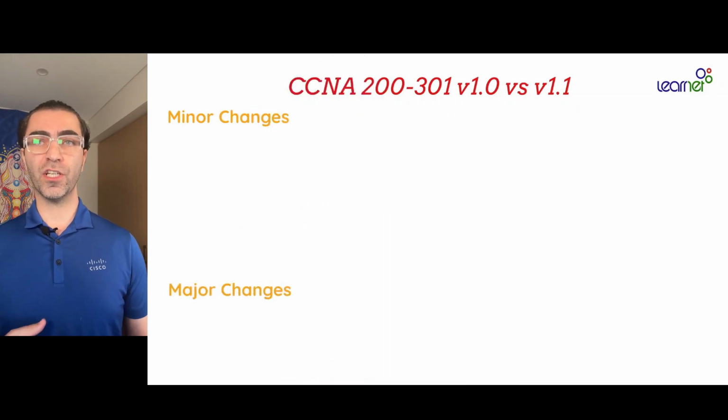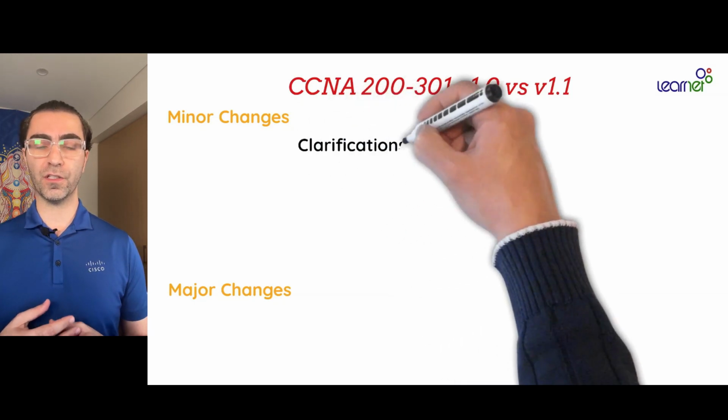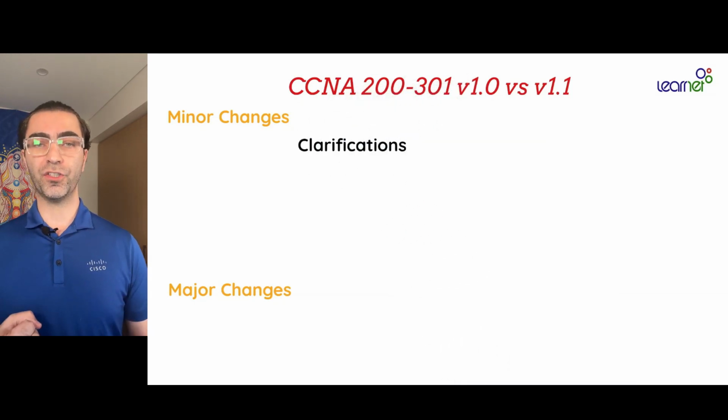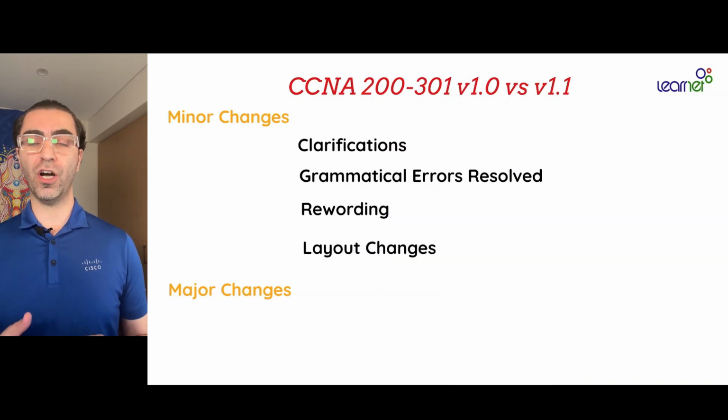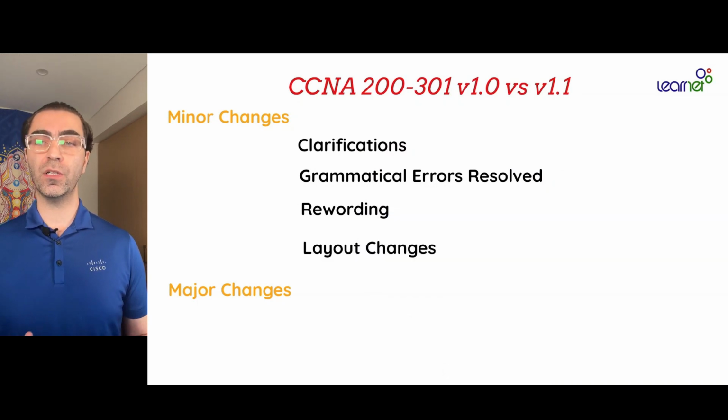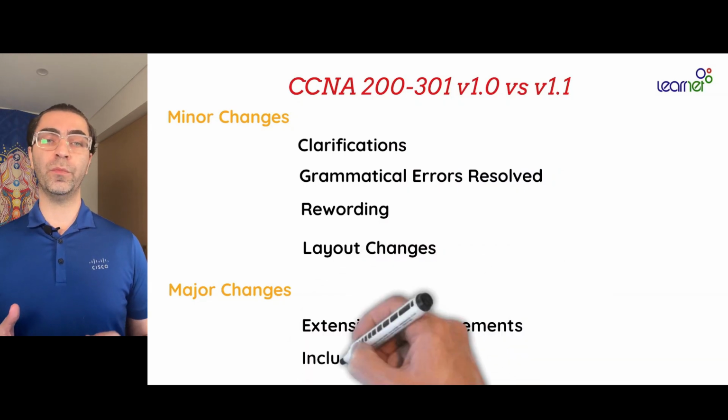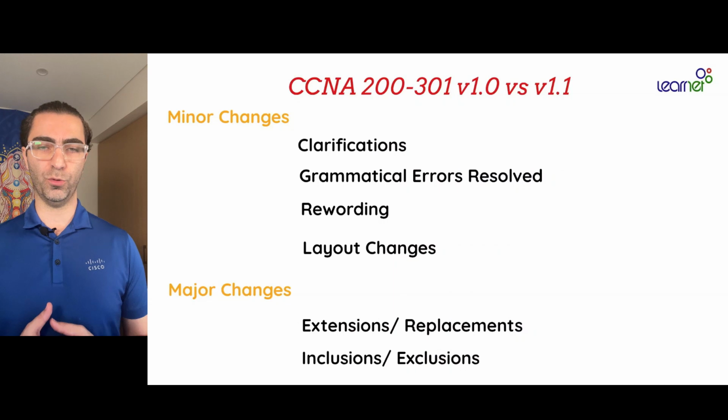For minor changes, I subdivided the changes into 4 different subcategories: clarifications, grammatical errors that have been fixed, rewordings, and layout changes. For major changes, I divided the changes into 2 groups.